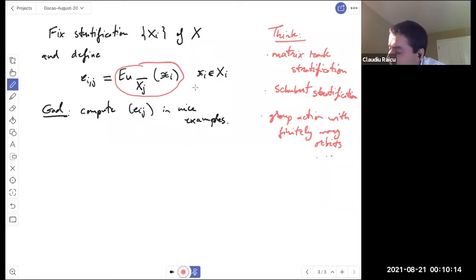I'm just saying that this function depends on the subvariety, as Eu of X_j bar depends on X_j bar. So if I choose a different stratum whose closure is still X_j bar, so if I break it up in a different way, and I get a stratum which is still dense in X_j bar, then the values are going to stay the same.